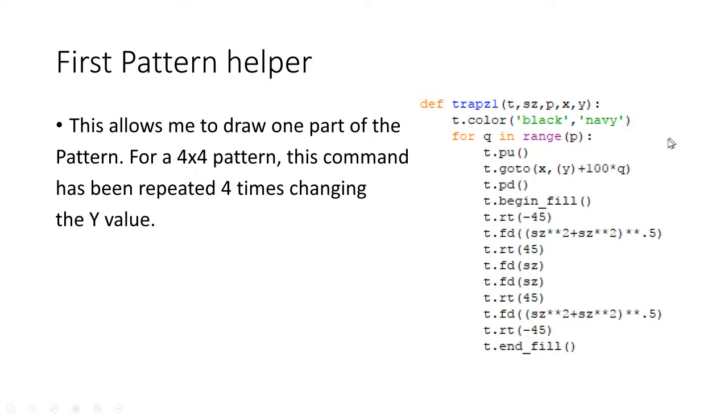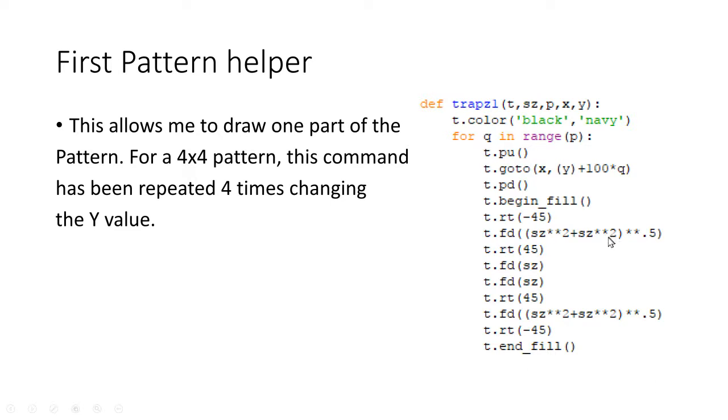Every time it creates one, it goes up 100 in the y direction, multiplied by how many times it's going up. And then we see that this negative 45 is to draw at an angle, so we get that sharp turn that lets us draw a trapezoid instead of a square.